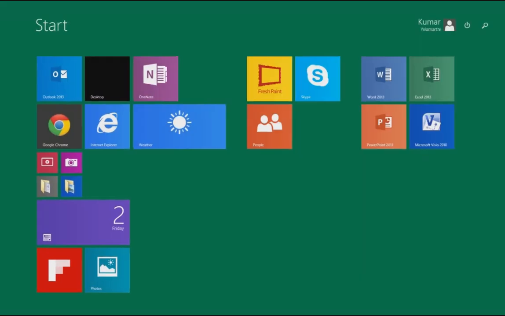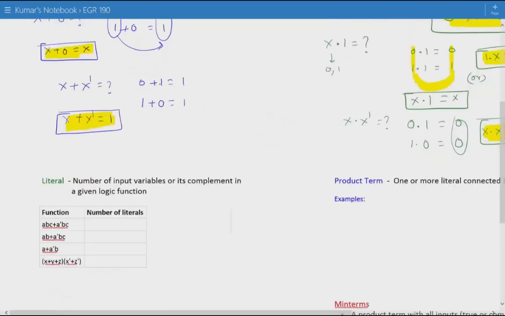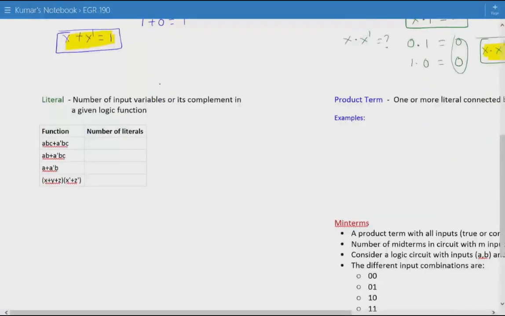Now let's look into a couple more functions here. Now we have to learn something called literals. A literal is like, if you're given a function ABC, or any function for that matter, just count the number of input terms in its true or complement form.